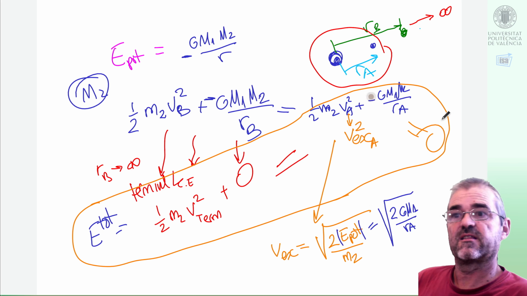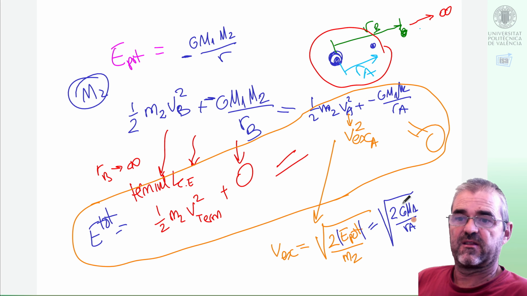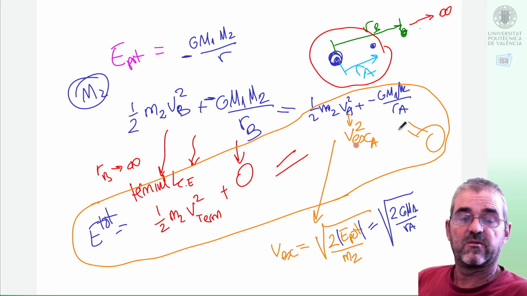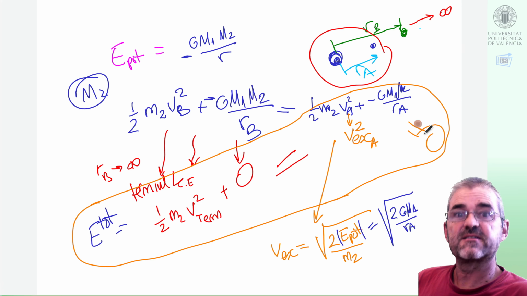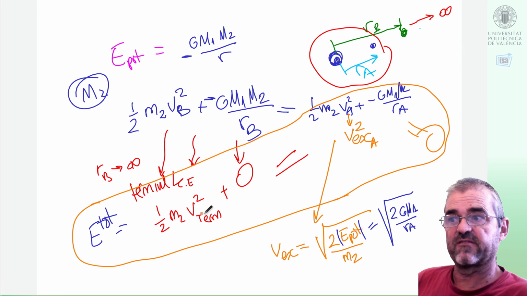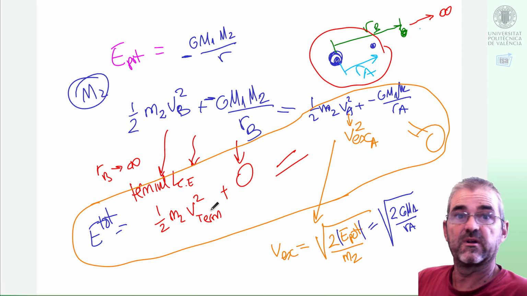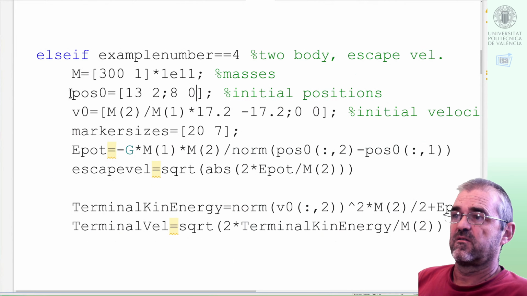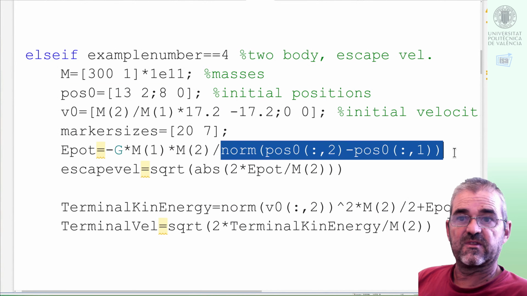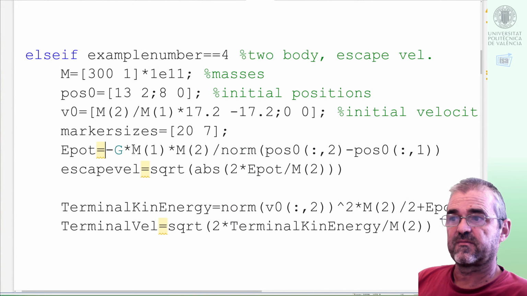We go to the other side to solve for escape velocity, and this is the escape velocity when total mechanical energy is 0, and if total mechanical energy is more than 0, then we will have a terminal velocity.